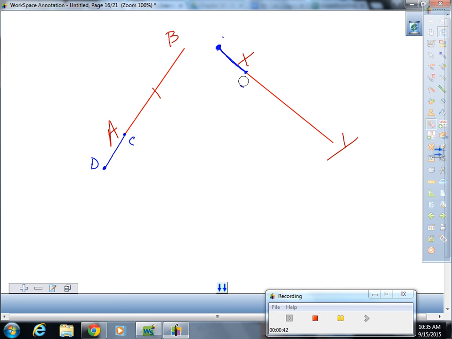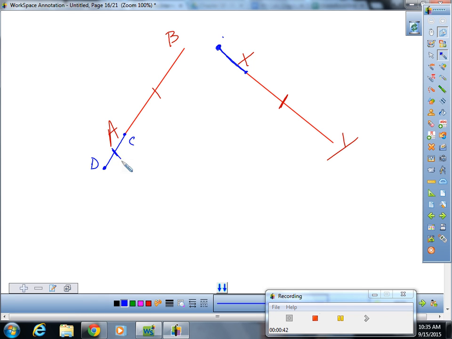So let's say, once again, we were given, I missed a little tick mark here, that AB was congruent to XY. Let's say we are also given that some segment DC is congruent to some segment GU. So we have AB congruent to XY, and DC congruent to GU.